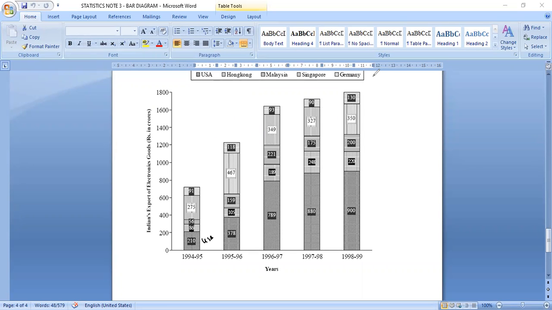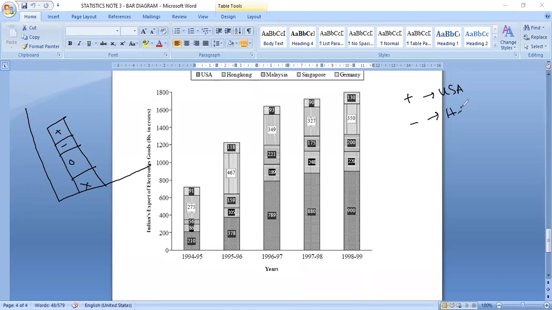Shading like this. Like there is a fourth division like this. So I use this set, so it does not take so much time. I use the plus; plus means USA. I use minus; minus means Hong Kong.